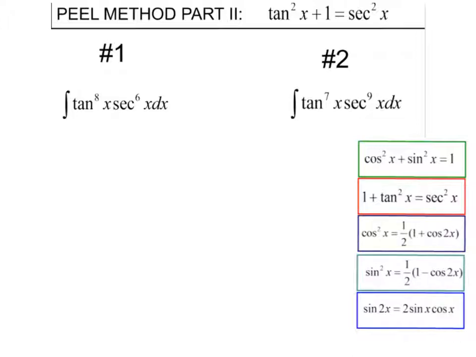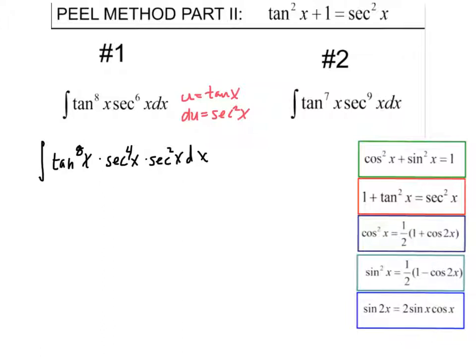knowing the derivative of tangent, I'm going to think that if I made u tangent, then du is secant squared. So here's what I'm going to do. I'm going to peel off a secant squared. So I'm going to have tangent eighth of x times secant to the fourth times secant squared. And then I'm going to use this up here.